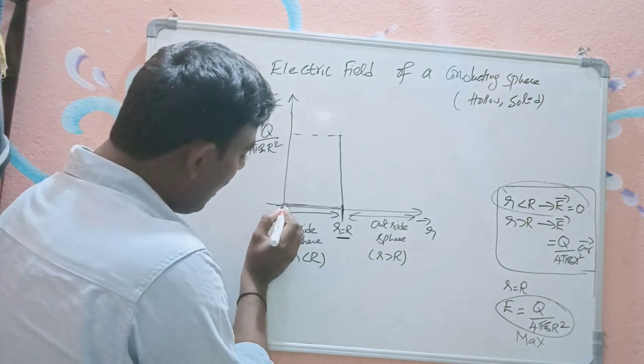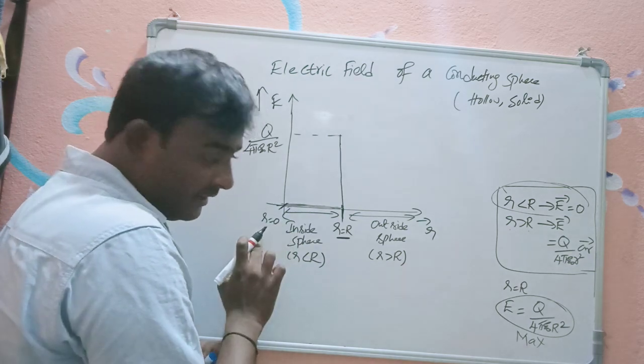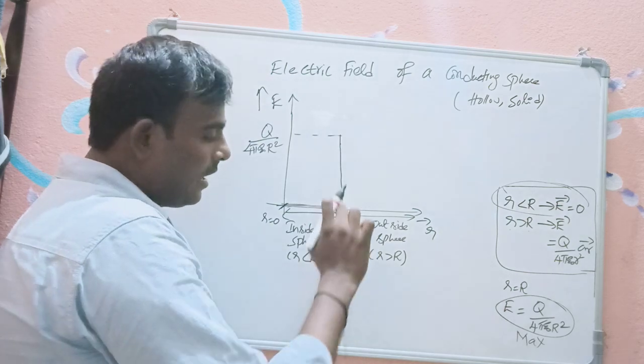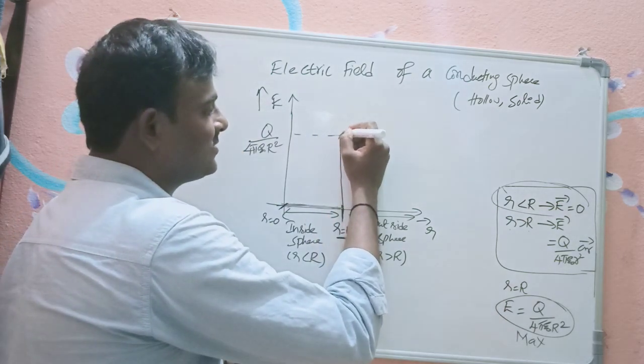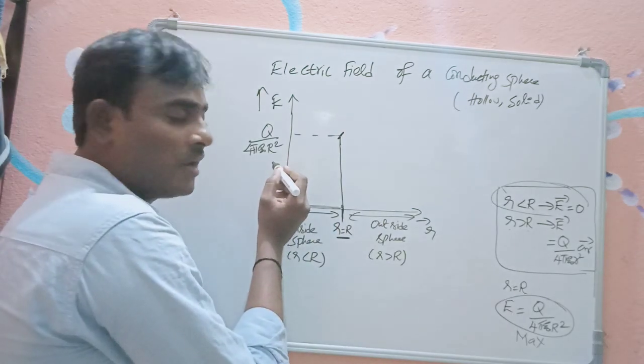From r is equal to 0, that is from the center to the surface, the field remains 0. Now exactly at the surface, the field suddenly increases to this value, which is equal to Q by 4 pi epsilon naught R square.